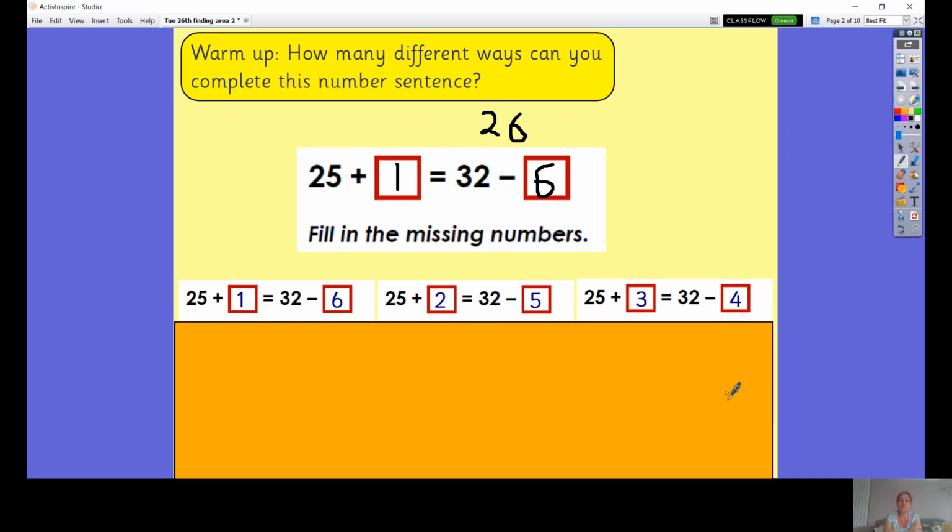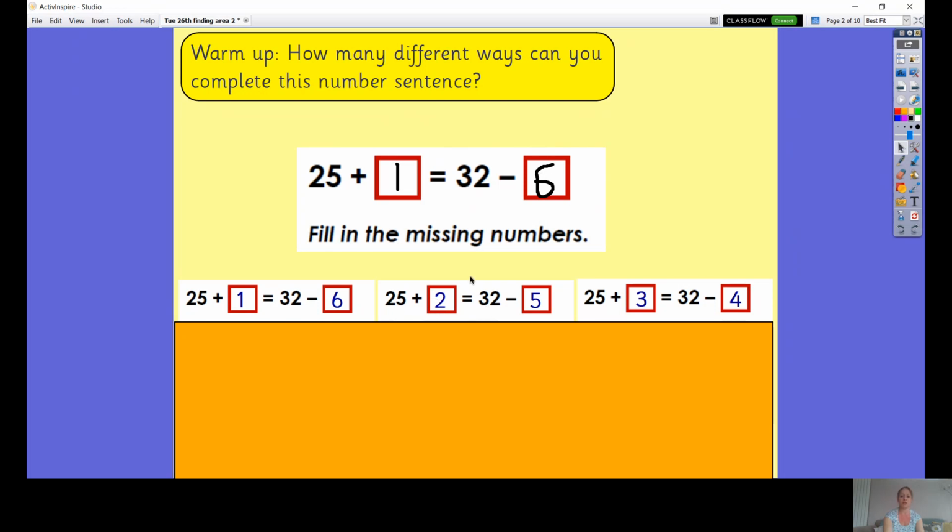And then what I decided to do was to just adjust those numbers each time so that I could find some other possibilities. So once I had worked out that 25 add 1 is the same as 32 take away 6, I decided, right, if I put 1 more in this box, then I'm just going to have to put 1 less in this box.